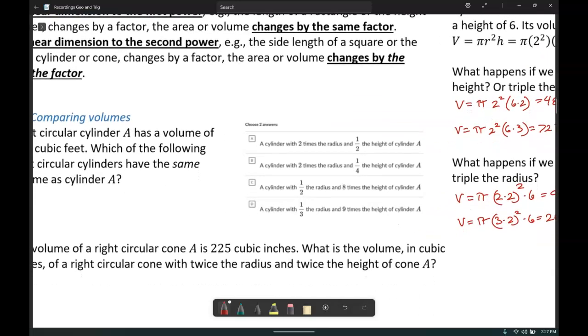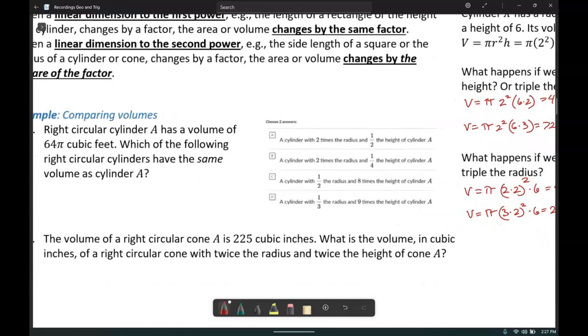And so questions like this, we're looking at which of these will be true, and this one asks us to choose 2 answers. We have a right circular cylinder A with a volume of 64 cubic feet. Which of the following right circular cylinders will have the same volume? We have to think about how the changes in dimensions will change the overall volume and see which ones cancel each other out.